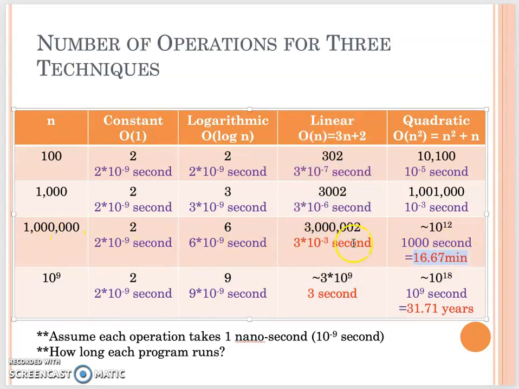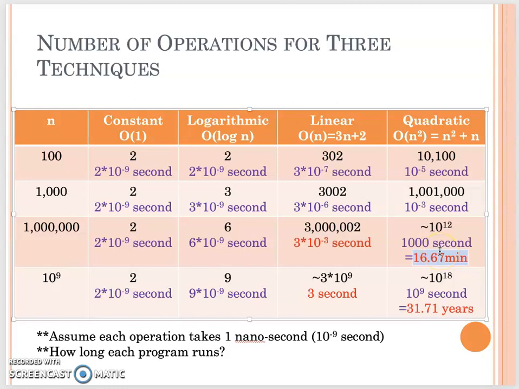So 1 million squared is 10 to the 12 power. To process that much data with an n squared algorithm, the runtime is about 16 minutes. Have you ever thought about your code's runtime being 16 minutes?